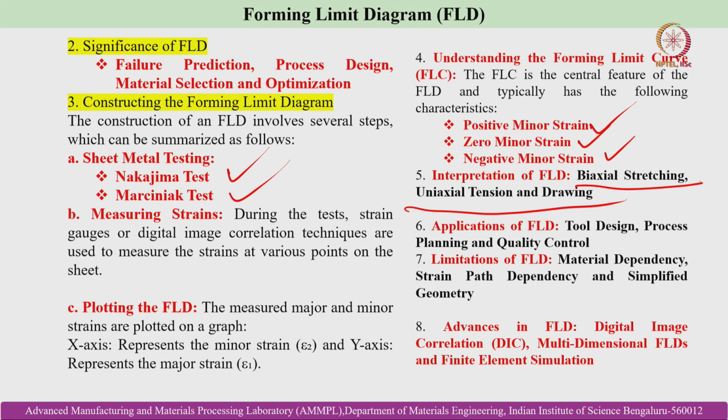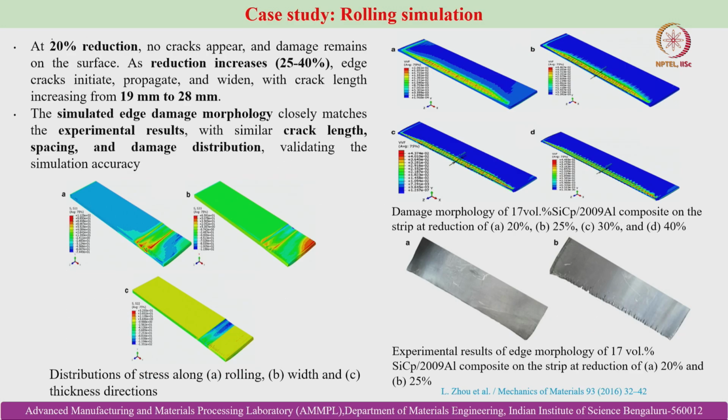A major limitation of FLD is material dependency, because it is not generic across different materials, along with strain path dependency and simplified geometry. Advances in FLD, such as digital image correlation, multi-dimensional FLDs and finite element simulation, are directed towards achieving further accuracy in FLD.